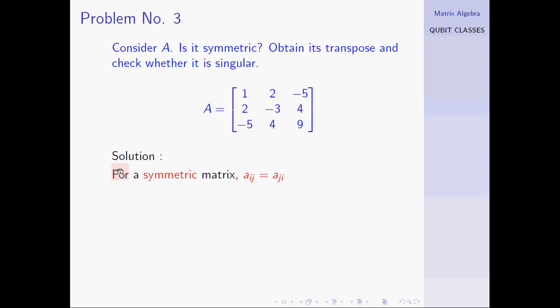The condition for a matrix to be symmetric is this: aij is equal to aji. This means the element which is present in the ith row and jth column of a matrix must be equal to the element which is present in the jth row and ith column.